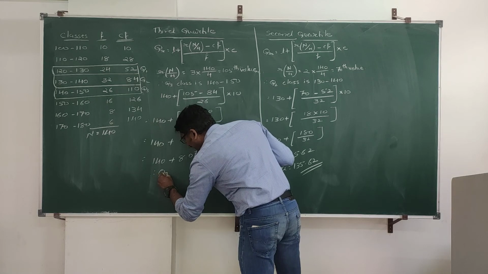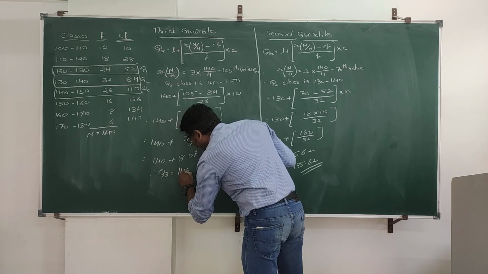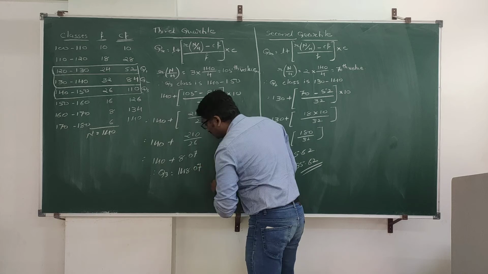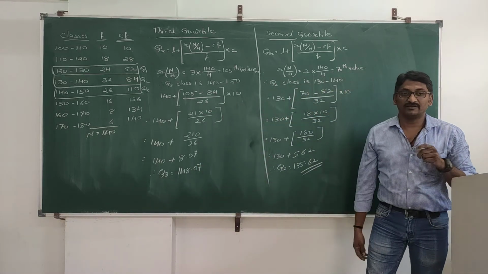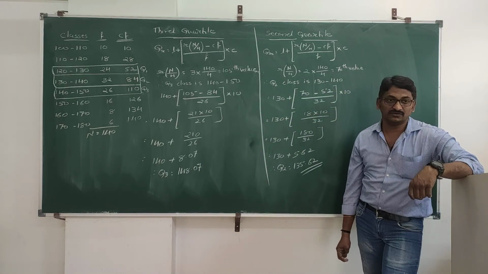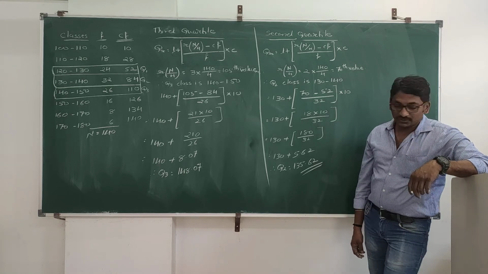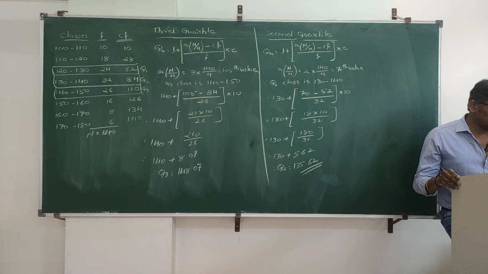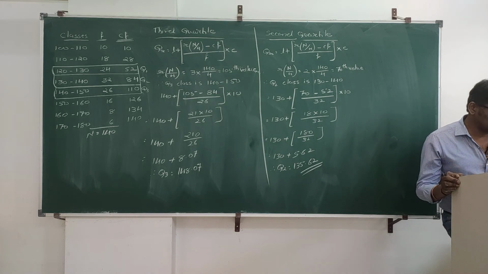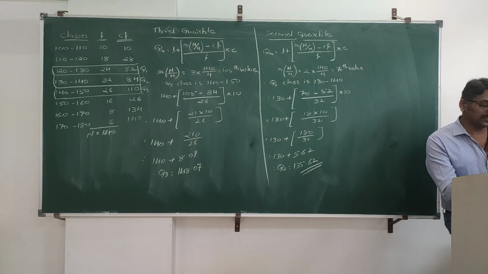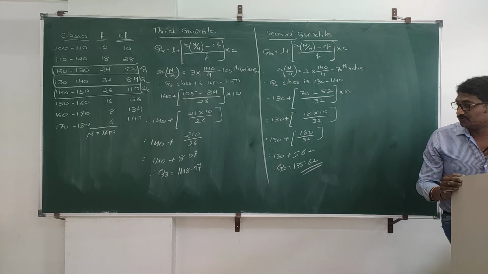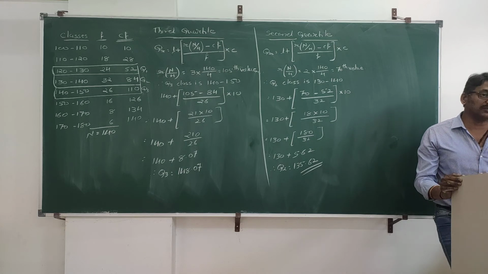Therefore the Q3 value is 148.07. Q3 value is 148.07. Means your Q1 answer is 122.91. Correct, no? Q2 is 135.62 and Q3 is 148.07.